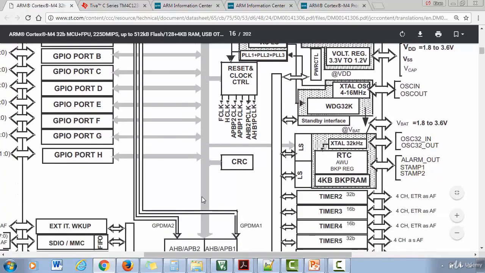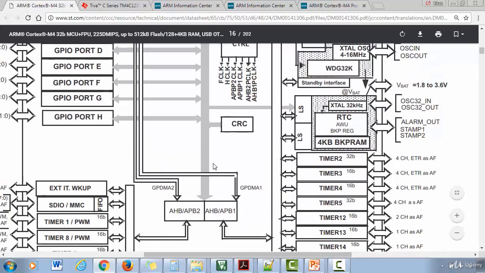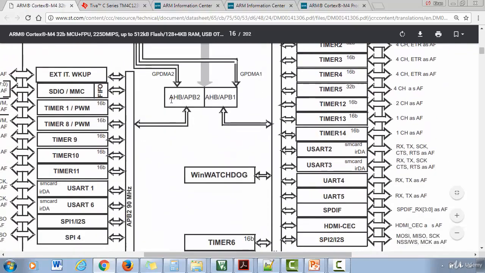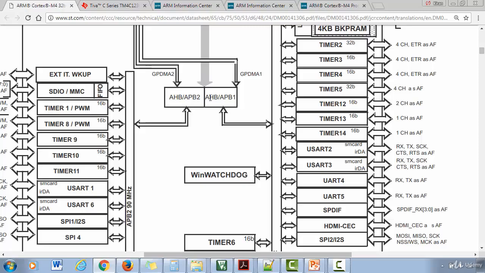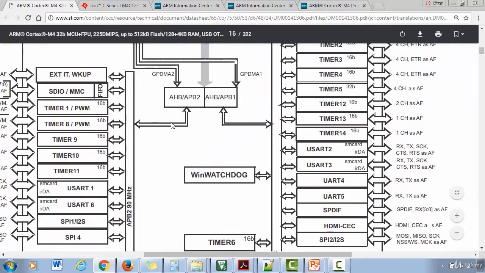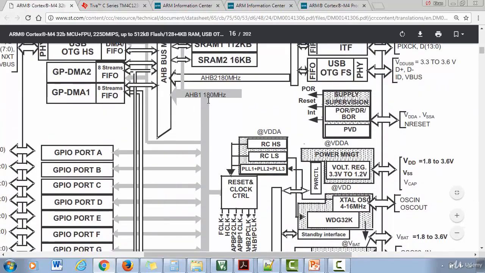What you are seeing here is that finally it meets a bridge. And the bridge converts the AHB protocol into the APB protocol. So this acts like a converter which converts the AHB bus into two APB buses. AHB stands for Advanced High Performance Bus, which runs at high speed, up to 180 megahertz.